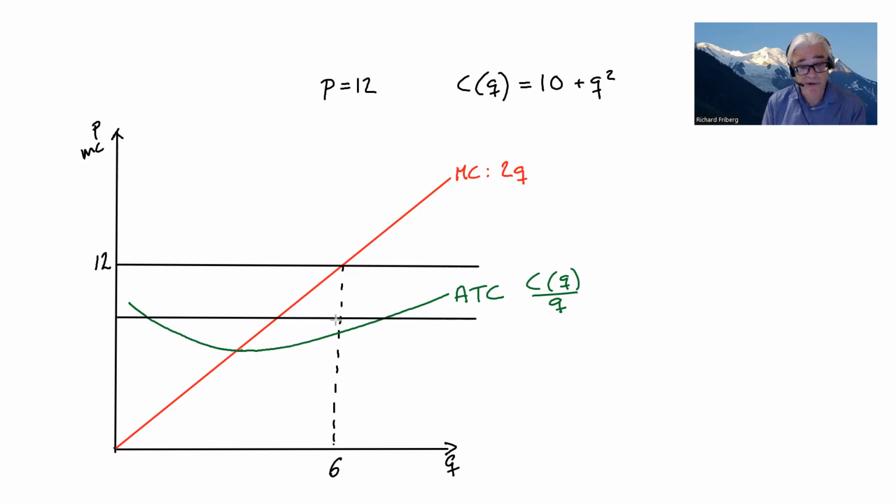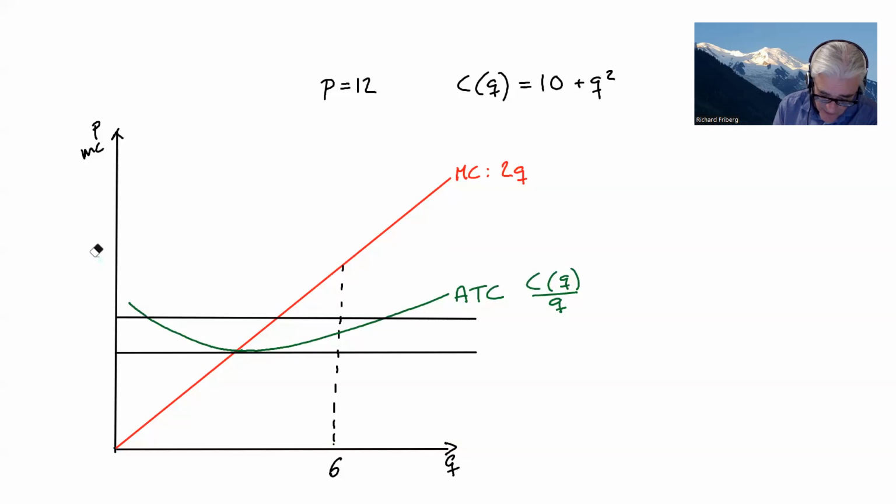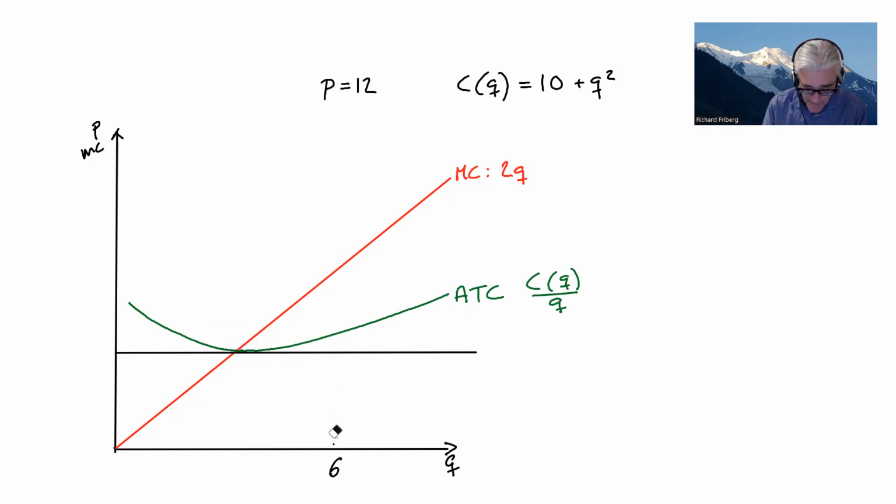Could price fall even further, and we still have a profit? Yes, it can. And yes, we're down to this point where there's zero profit. So let's take away the other cases here. This is a case where we have zero profit.